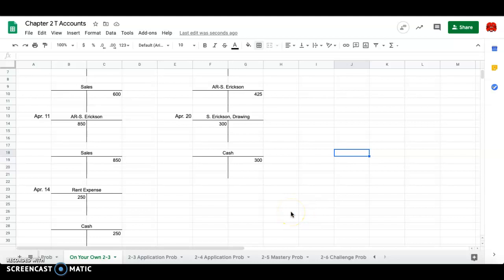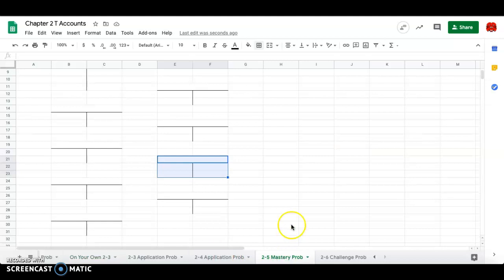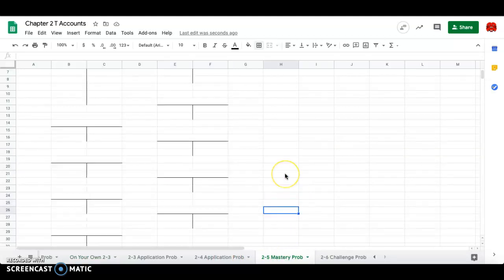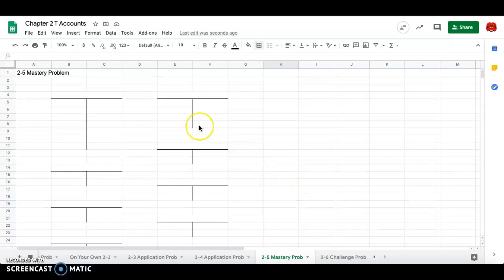So I want you to go ahead. You'll do the on your own 2-3, and then you'll do the application, and then we're going to just move on through here, and you're going to start doing some of these problems and putting things together. Now, when you get to the mastery problem, they're going to give you a list of accounts in your book, and you're just going to list each account and start here and go down.